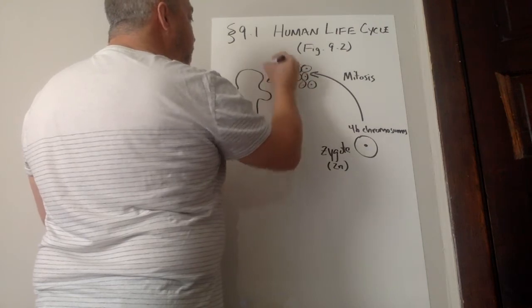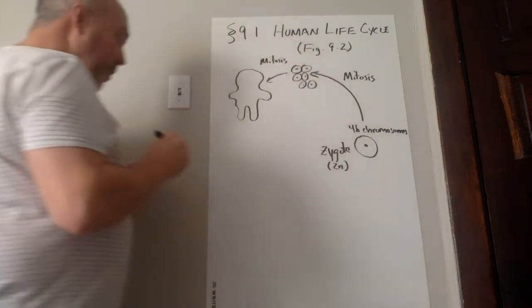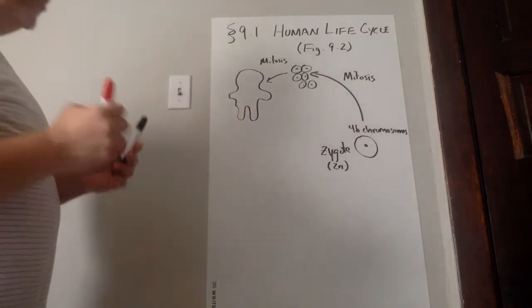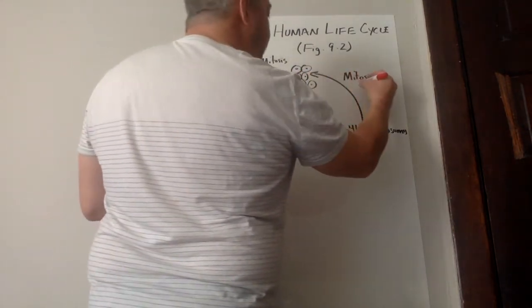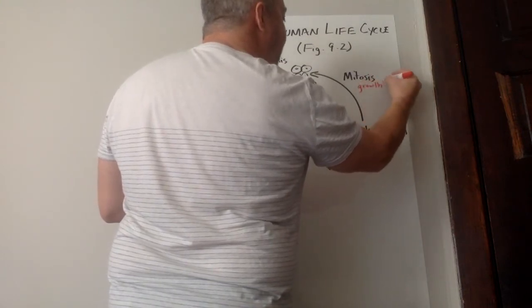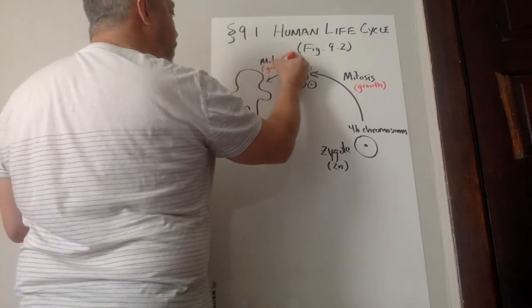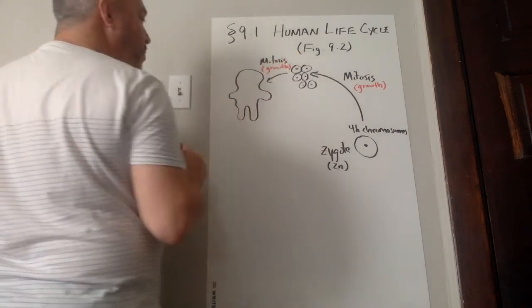We will continue to go through mitosis. Remember, the role of mitosis is growth from a single cell to multicellularity. So we can see growth is happening here. Growth is going to continue until we get to be an adult.